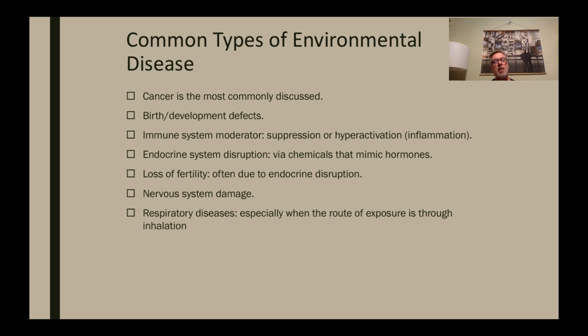Respiratory diseases are common, especially when the route of exposure is through inhalation. And then chronic intoxication, low-level poisoning, where nothing acute happens, but you have this chronic exposure, and it may cause problems over the long term, resulting in premature loss of ability or life.